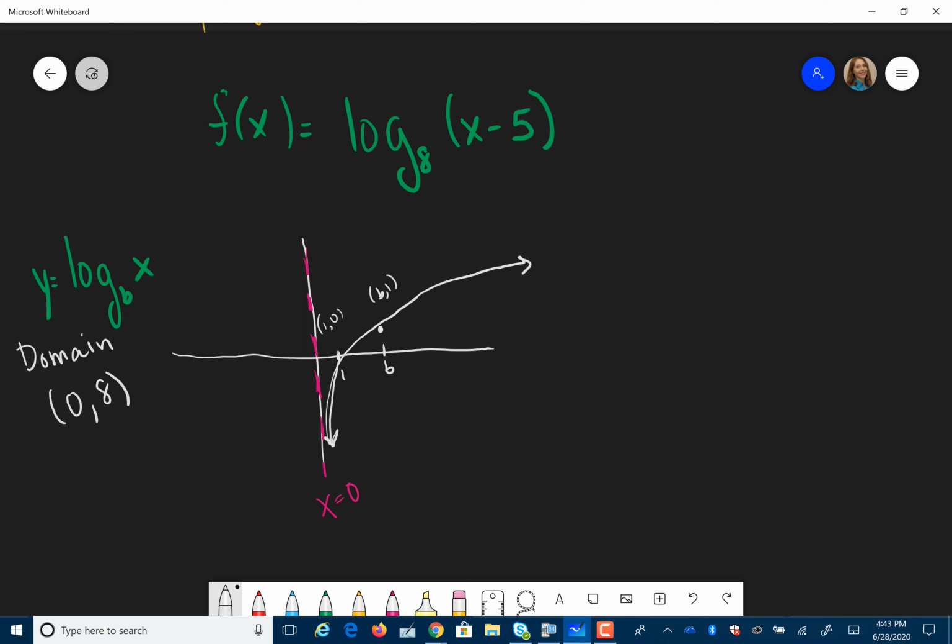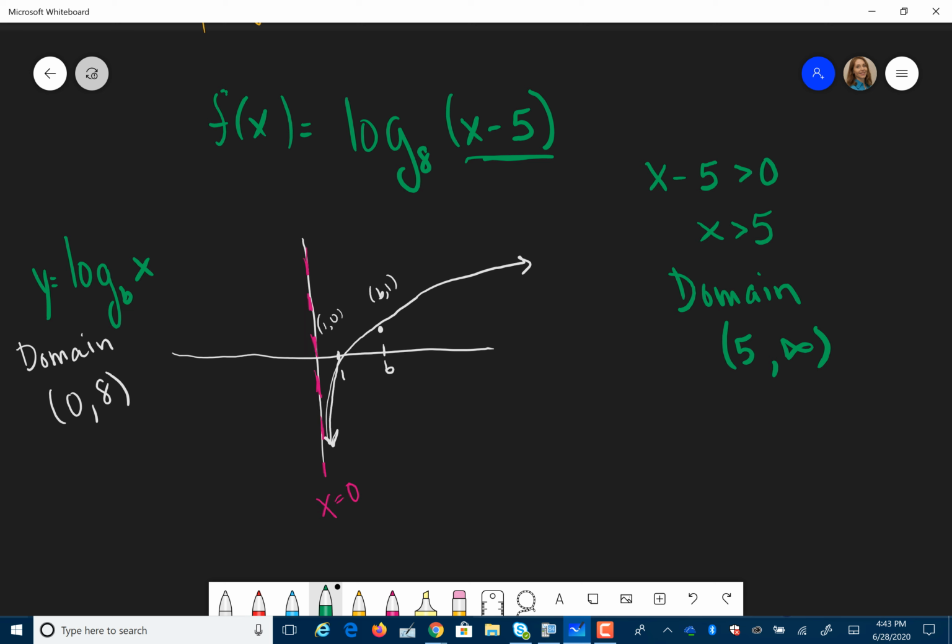When we have one that's been transformed, like this one we're looking at right here, we're going to look at where x minus 5 is strictly greater than 0. So the domain for this one is from 5 to infinity.